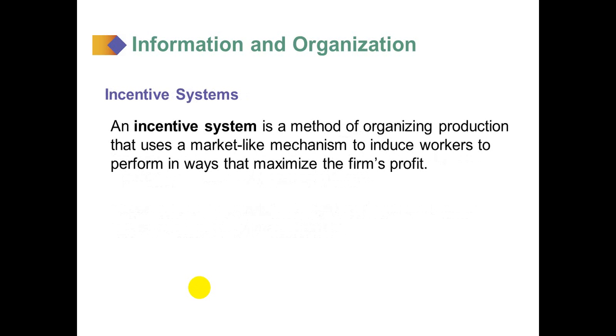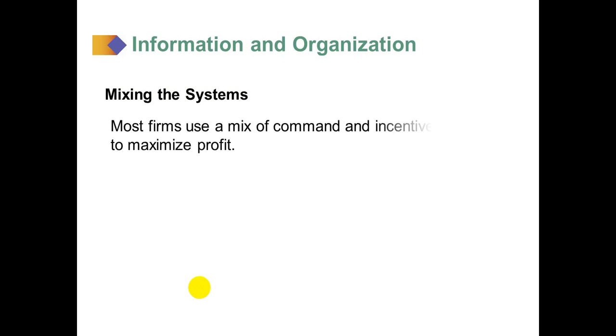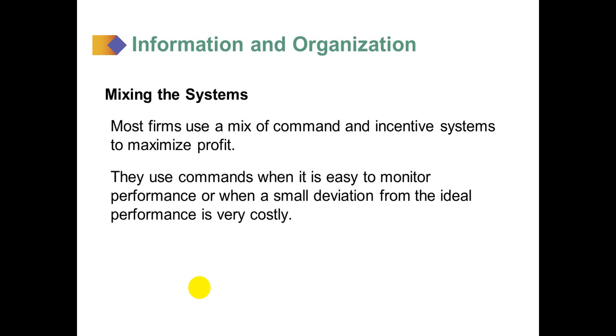An incentive system is a method of organizing production that uses market-like mechanisms to induce workers to perform in ways that maximize the firm's profit. Most firms use a mix of command and incentive systems to maximize profits.